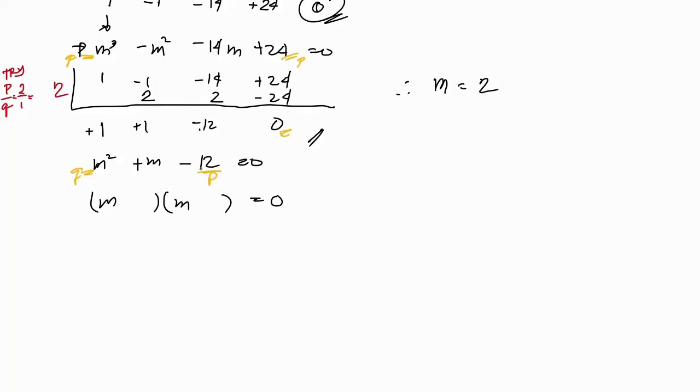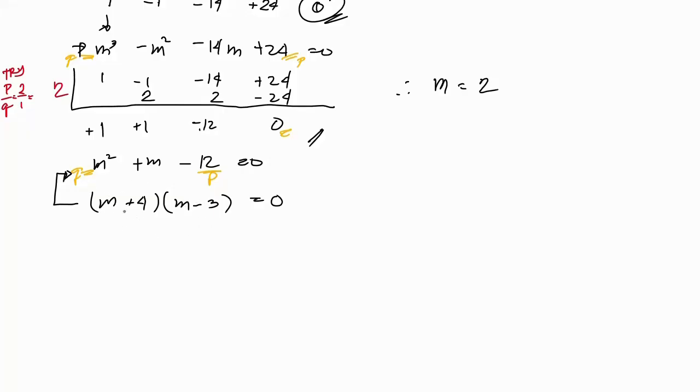So for 12, we have 4 and 3, so 4 and negative 3. Positive 4 times negative 3 is negative 12, and positive 4 plus negative 3 is positive 1.